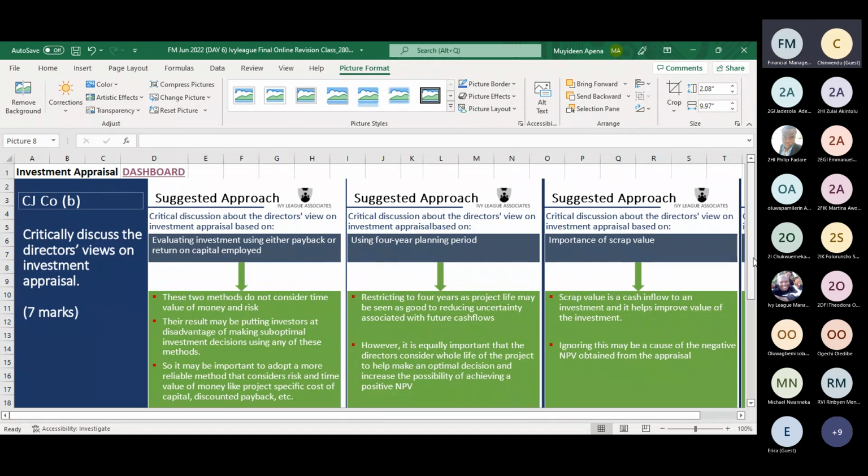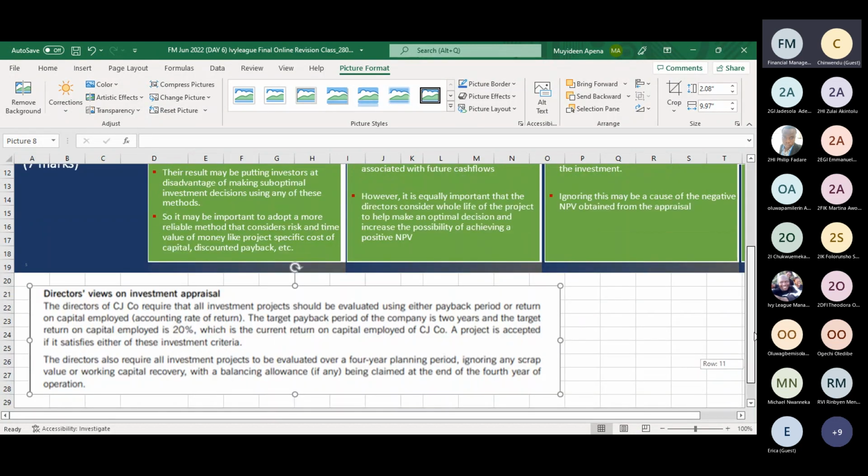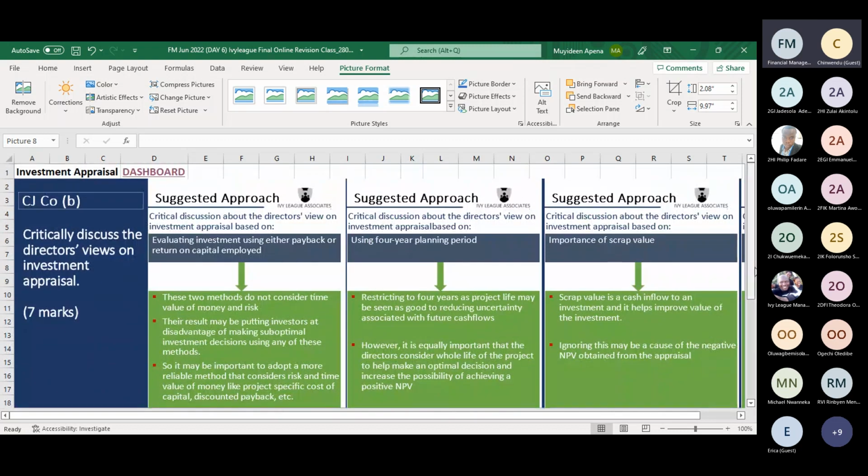The second point is that they also said something. Let's look at it. Directors also require all investment projects to be evaluated over a 4-year planning period. So what's your view about that?